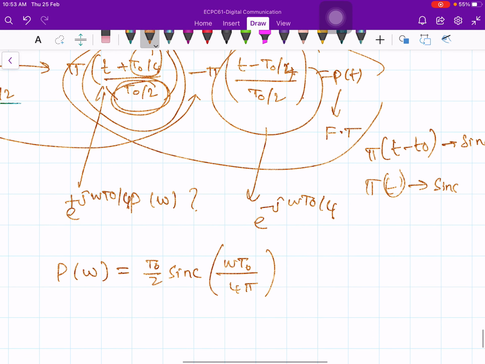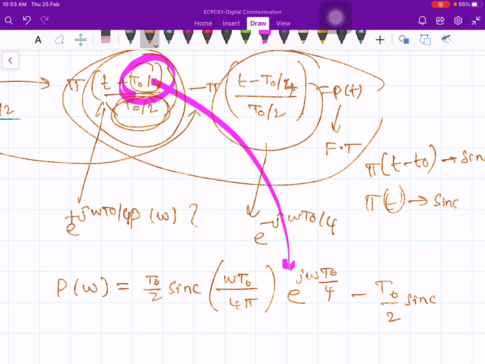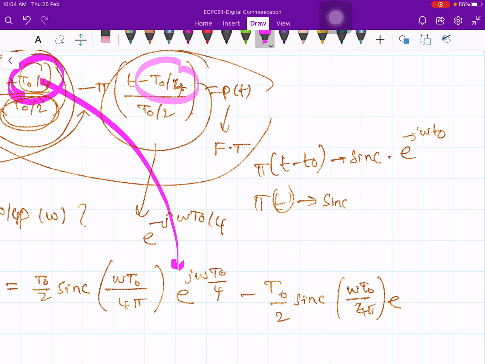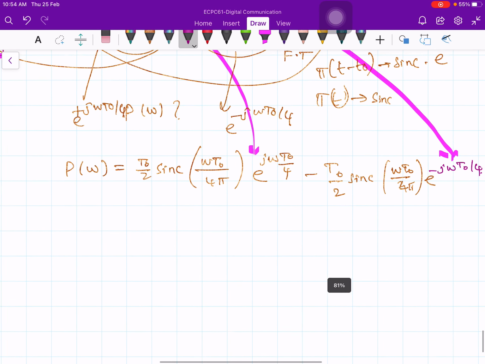The same thing we are applying here. Here there is a time advancement, because of that factor e to the j omega t0 by 4 minus t0 by 2 sinc function of omega t0 by 4 pi, and due to this guy, it is going to be e to the minus j omega t0 by 4. That is it. This is my P of omega.